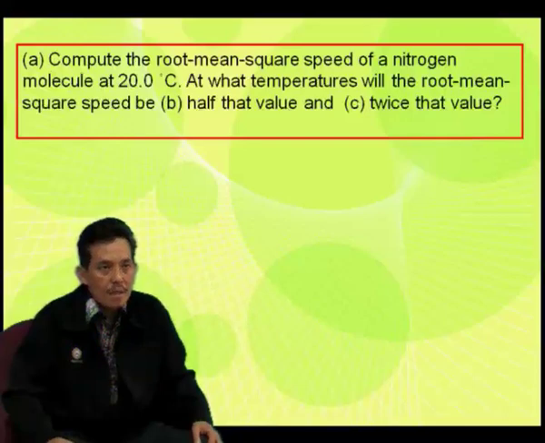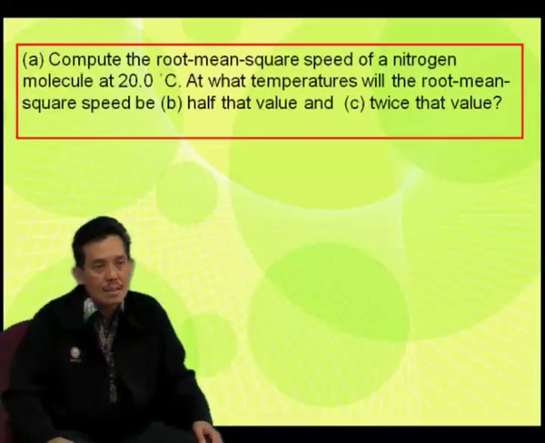First, compute the root mean square speed of a nitrogen molecule at 20 degrees Celsius. Then, at what temperatures will the root mean square speed be half that value and twice that value?